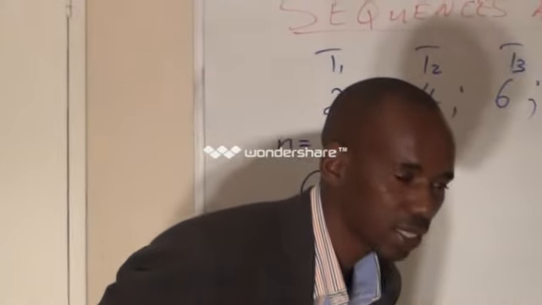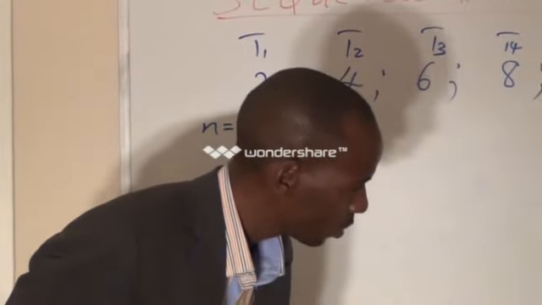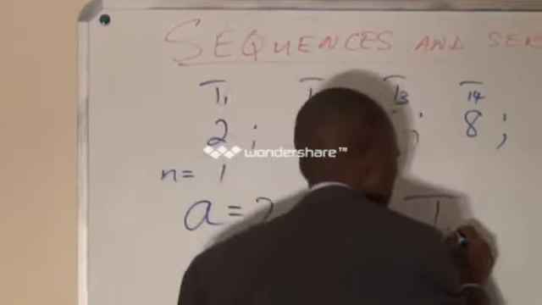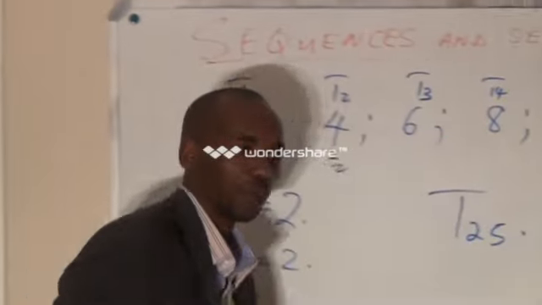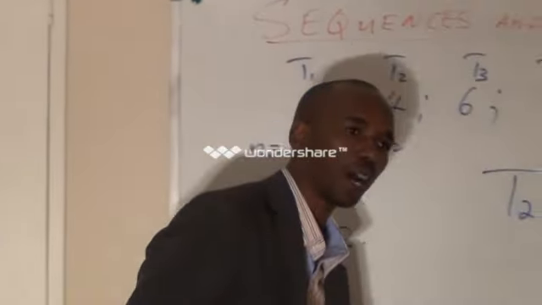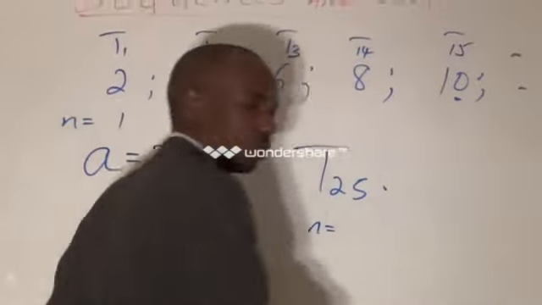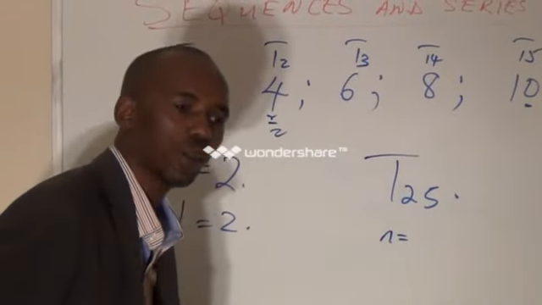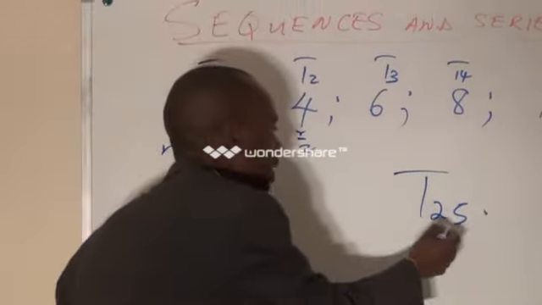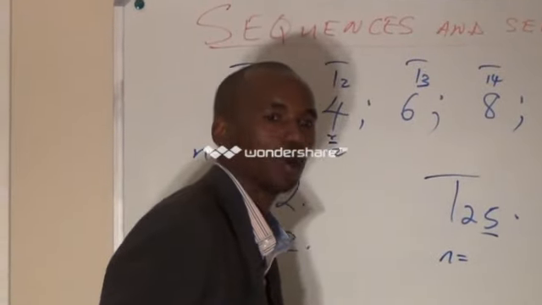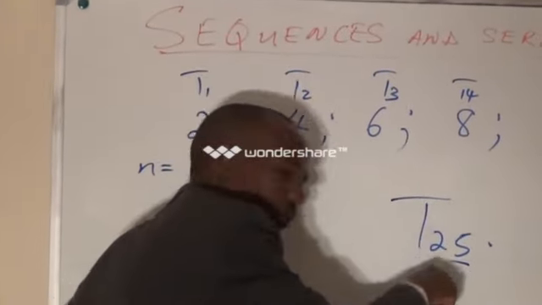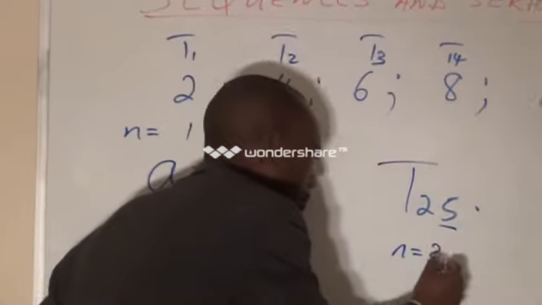How do we represent that? T what? T25. So if it is T25, what is n equal to? 25. Remember, n is always the number of the term. So n equal to 25.